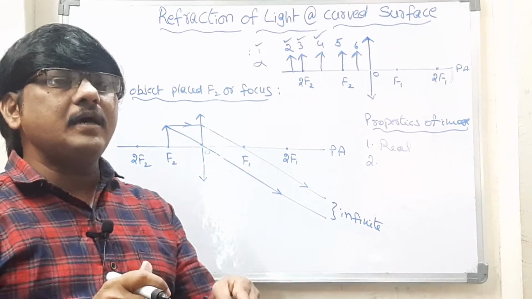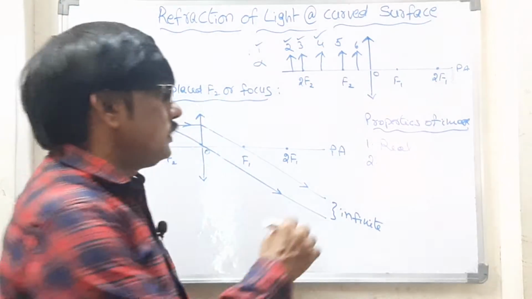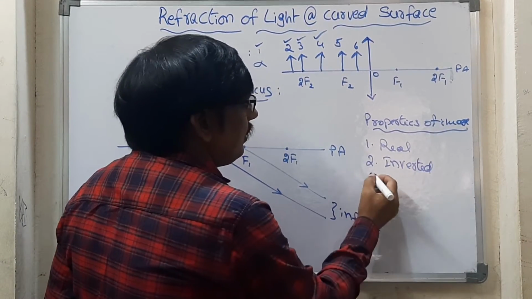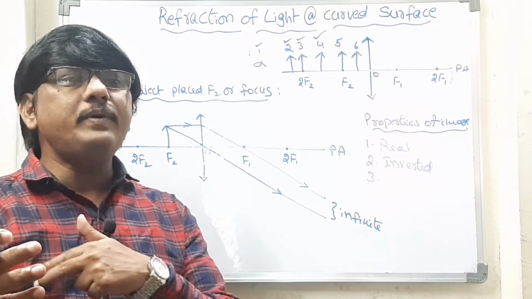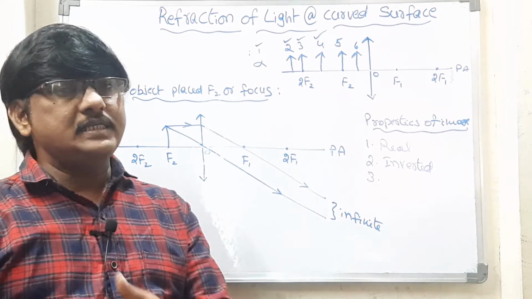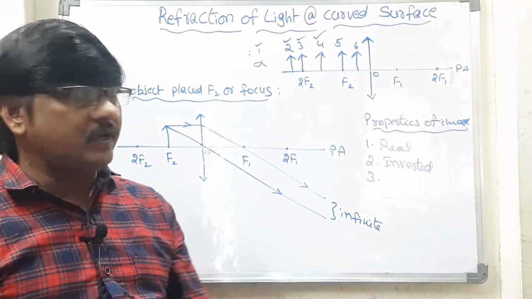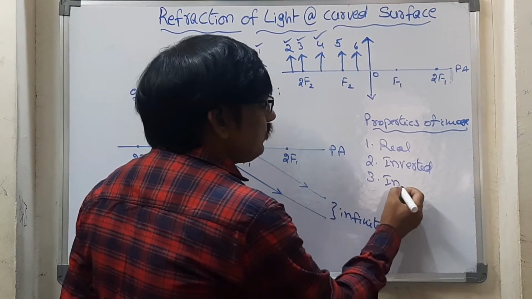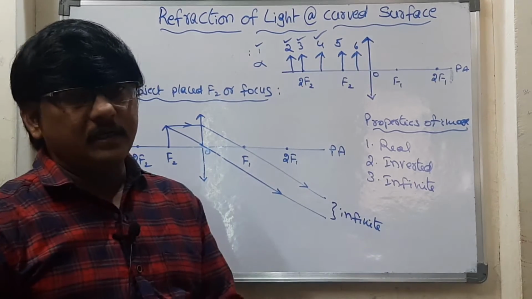Generally, if the rays are below the principal axis, those will be the inverted image only. So this will be an inverted image. The image is not forming at a nearby distance, as in our eyesight, but at a far distance. That far distance we used to call infinite, and so the image forms at infinite.